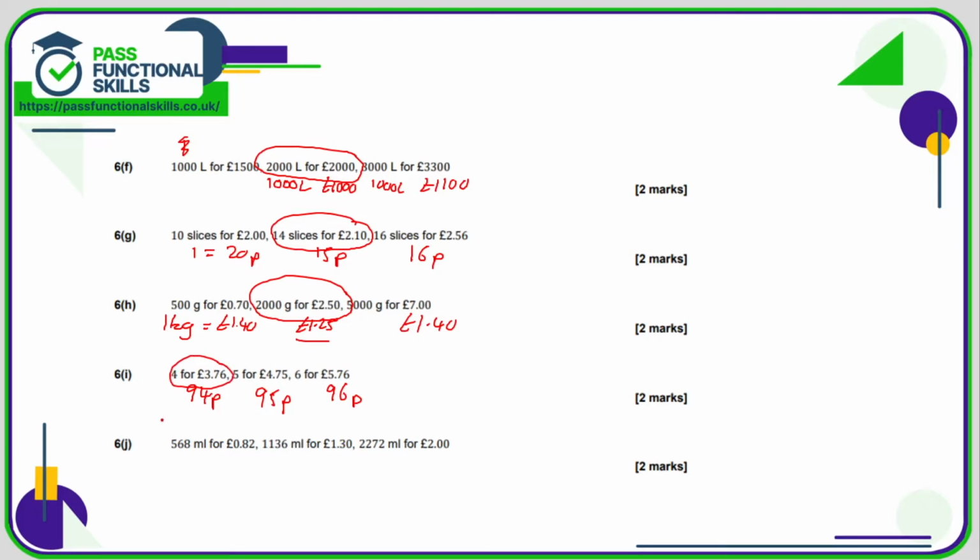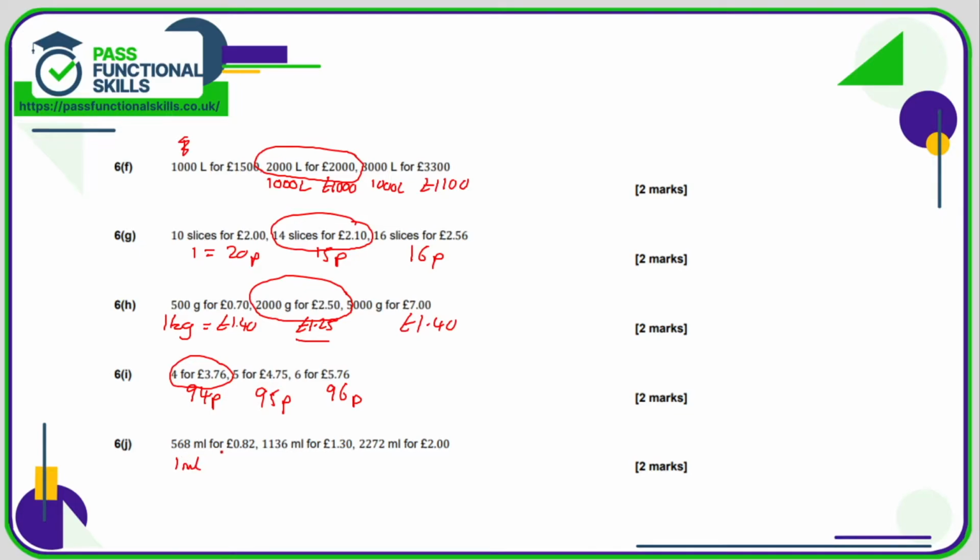And for 6J, what we're going to do here is, you could work out the price per millilitre, but these numbers are going to be really, really small because the price for 1 millilitre is, well, it's going to be negligible really. So what I'm going to do is work out the price per litre. Now in order to do that, I'm going to work out what 1 millilitre is.